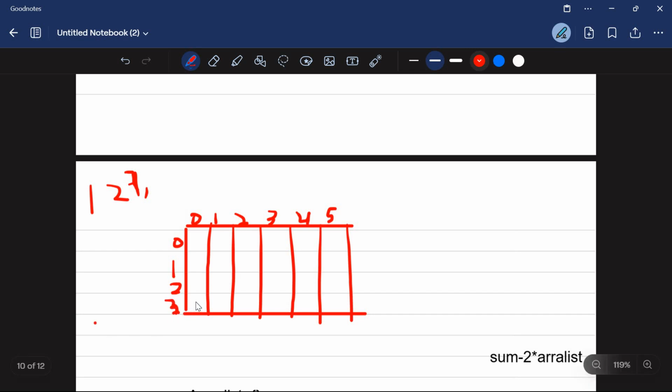Can we make 0? Yes, it can be made with the empty set. 1 we can make, yes. 2 we can make, yes. 3 we can make, yes. 4 can we make? No. 5 can we make?